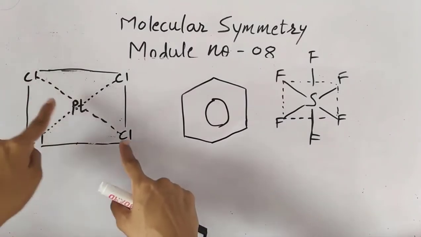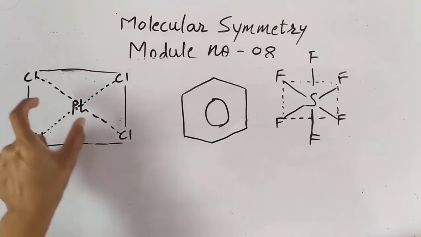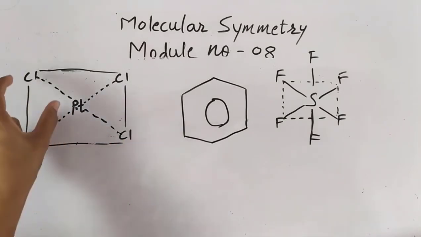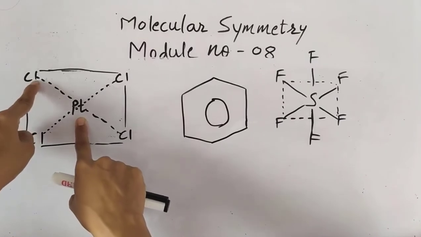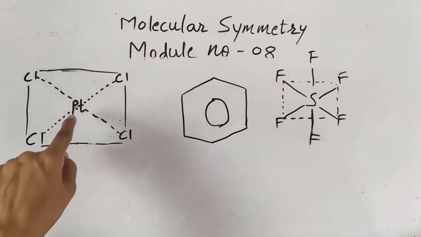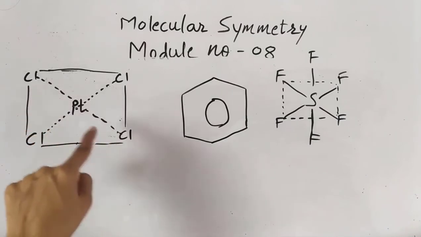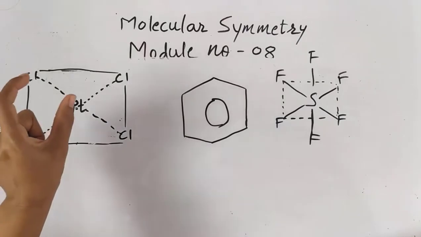Yes, both these chlorine atoms are at equidistance from the center of gravity and they are in opposite directions. This chlorine atom is on the left side of the center of gravity and this chlorine atom is on the right side.